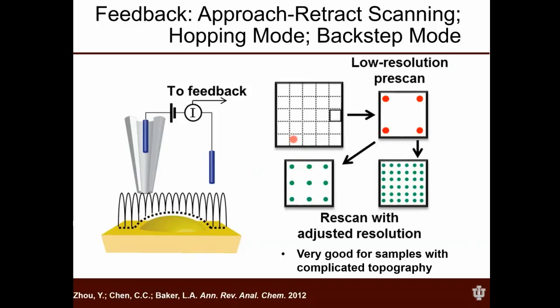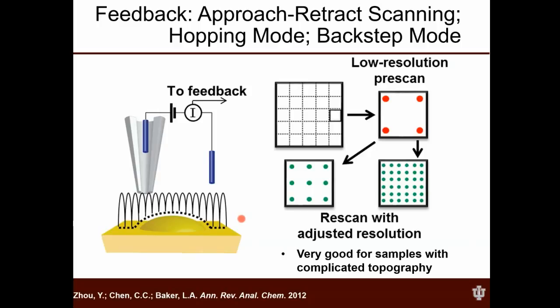The other way that you can take advantage of this is you can essentially take pixelated maps of the entire region that you want to scan and figure out what the entire surface topography is in a very low resolution mode. If you do a low resolution pre-scan, then you can readjust the resolution and rescan at a higher resolution.